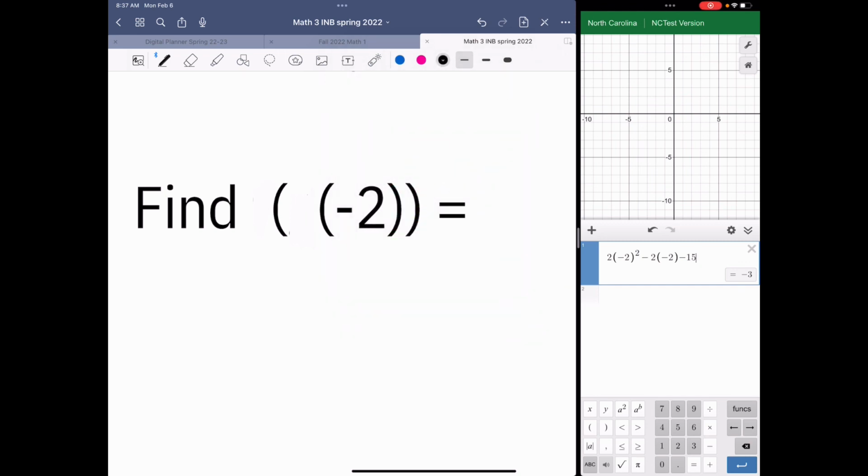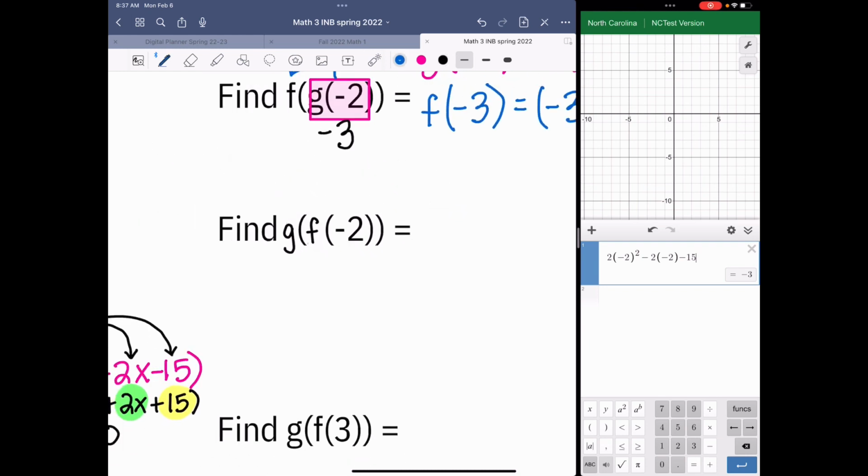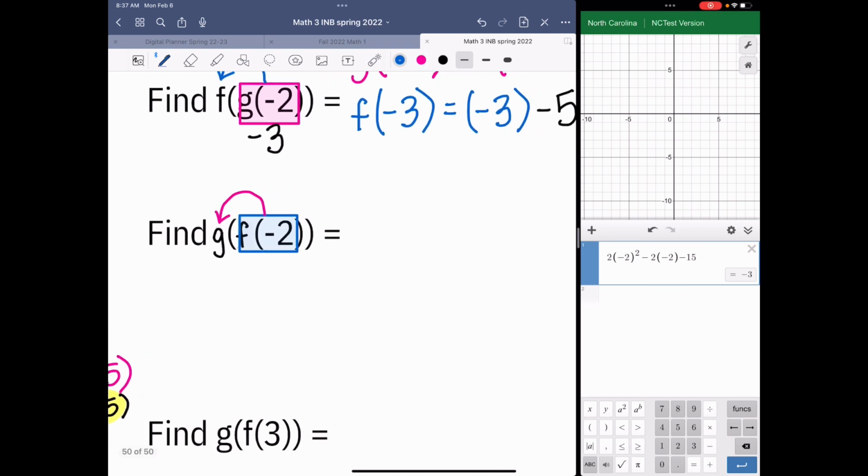So we're going to make this the g and this the f. We're going to plug -2 into the f function this time, and then after we do that, we're going to plug that into the g function. So we're going to start with f, and find f of -2.